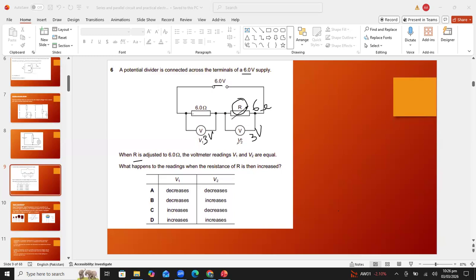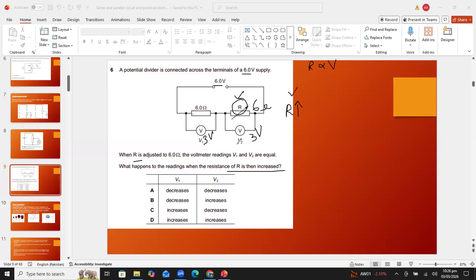All right. But now what they are saying, what happens to the reading when the resistance of R is then increased? So देखिए बेटा, we are increasing the resistance of this resistor. And I told you this relation that resistance and voltage are directly proportional.